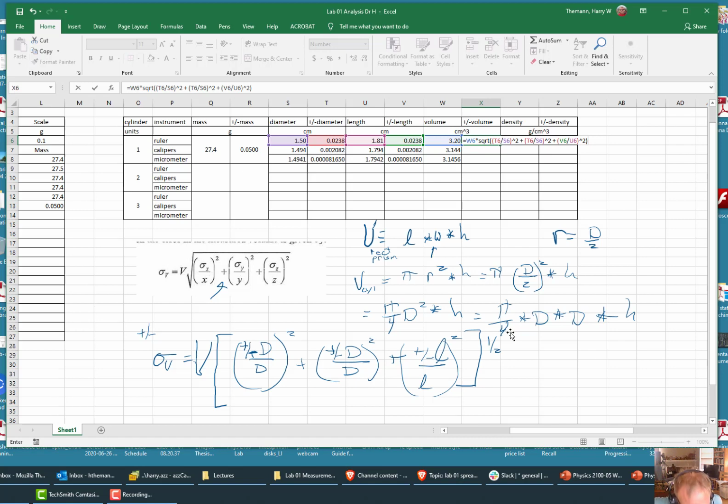Notice how Excel colors the parentheses to help us make sure we've opened and closed the equal amount of them. And there's the error on this.